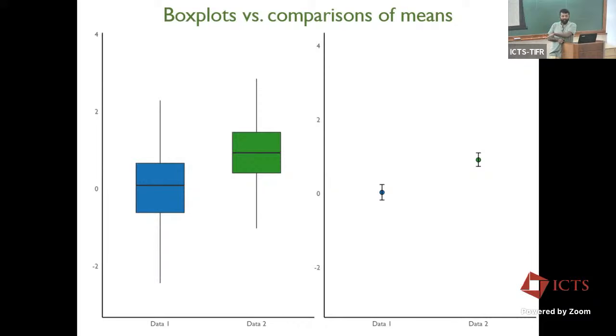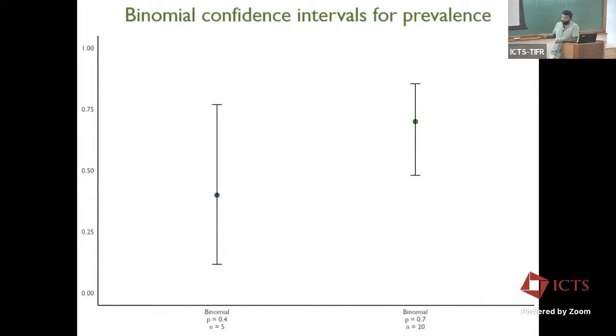But for the binomial confidence intervals, I came to that where you actually don't have multiple samples. You just have one sample where 0.1 is the prevalence, and another sample where 0.6 is the prevalence. How do you compare just these two? And that is what I showed after that. Because sometimes this is what you have. You don't have multiple samples. I don't know whether anybody has actually faced these situations, but you can have either of them.